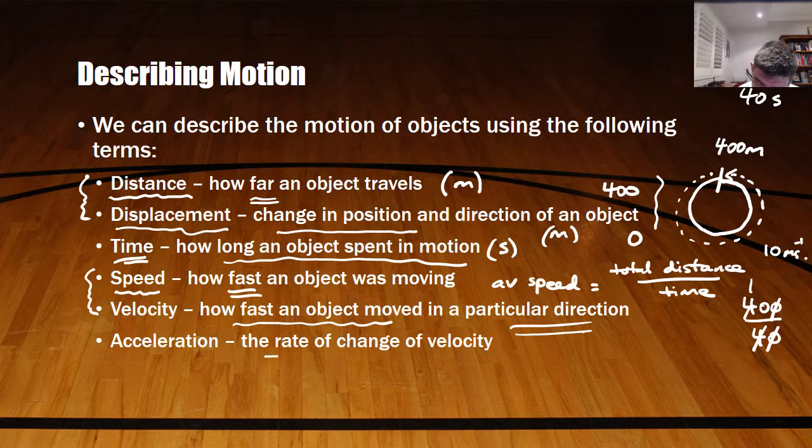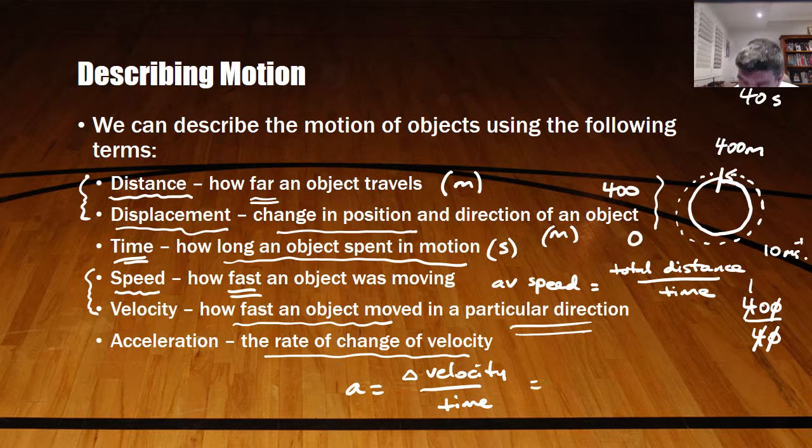And acceleration is the rate of change of velocity. So acceleration is equal to the change in velocity divided by the time. We can often change that to being the final velocity minus the initial velocity divided by time. But these are equations we'll look at a little bit later.